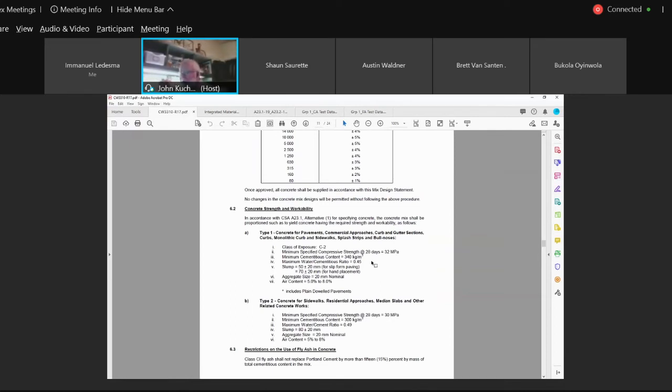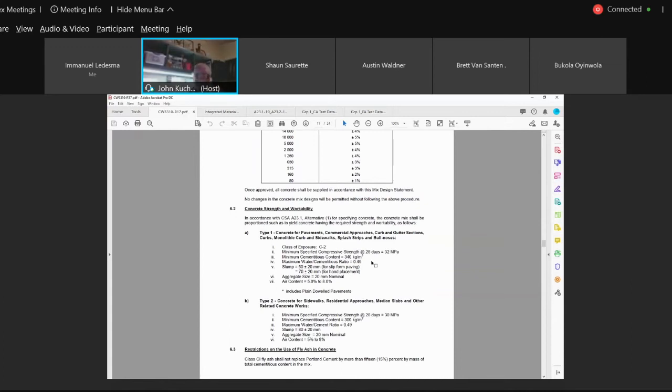We basically design for hand placement because when you go back to the lab and you're physically mixing this concrete, we want one that's not too stiff for you to make cylinders, flexural beams, and do slump tests, because you're physically going to batch the concrete, dump it into a wheelbarrow, and then play around with it. So we've always designed for a concrete pavement, but a hand place mix.